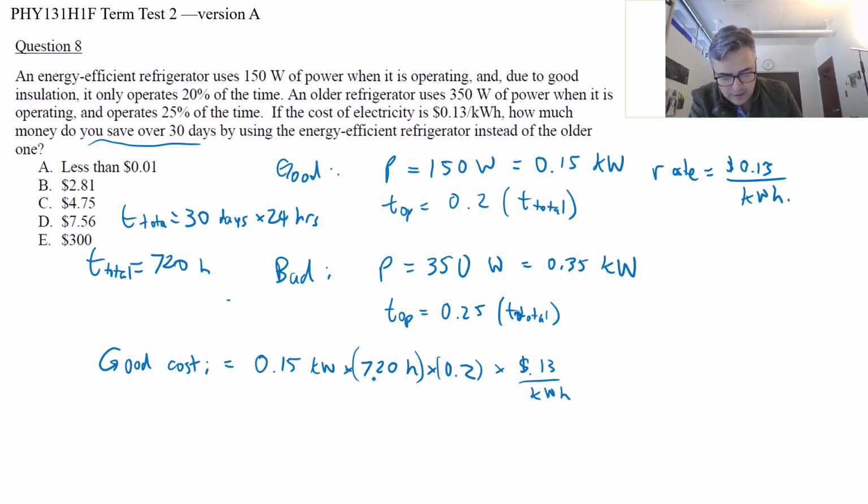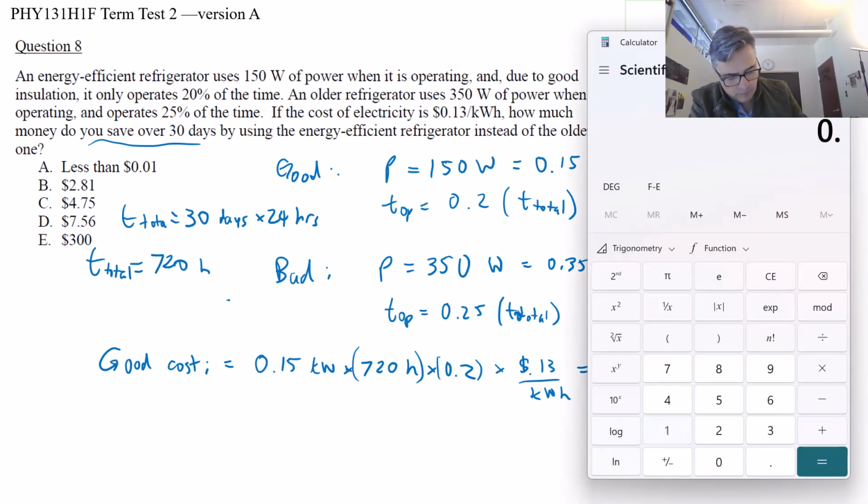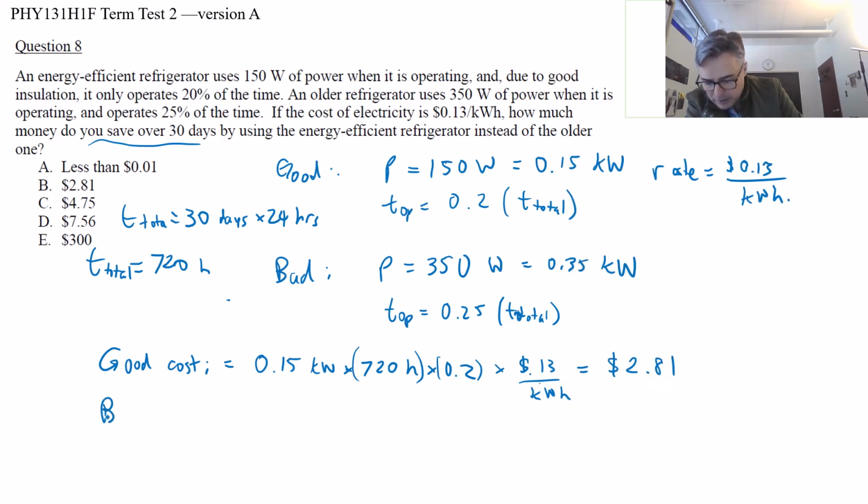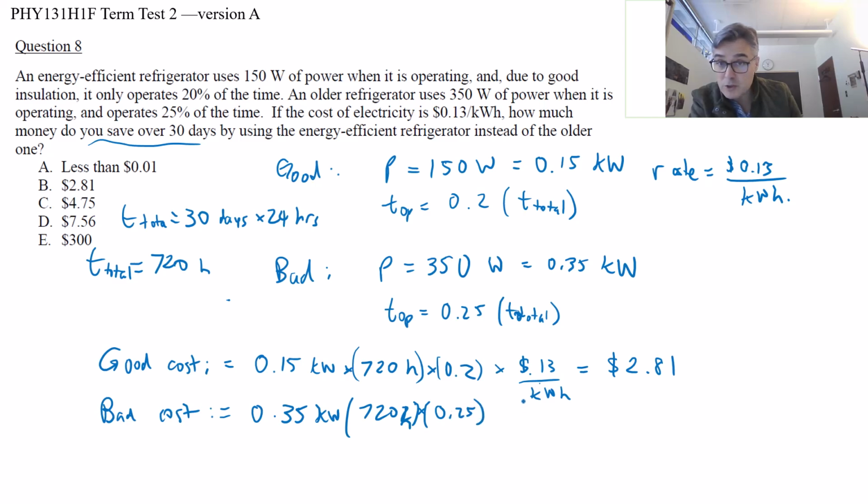The kilowatts cancel, the hours cancel, and you get 0.15 times 720 times 0.2 times 0.13. It's going to cost you $2.81.